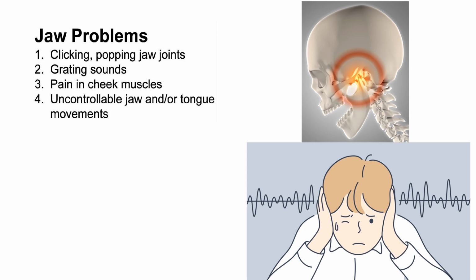There's supposed to be what they call a little disc. Like we have discs that slip in our backs. There's a little disc in the temporomandibular joint, the TMJ, and that prevents rubbing of bone. But sometimes you'll hear grating because the disc is damaged, thinned out, or what they call perforated. There's a hole through it, right?